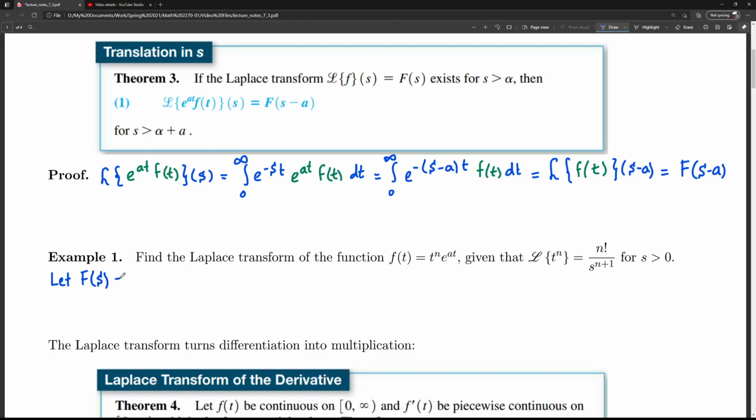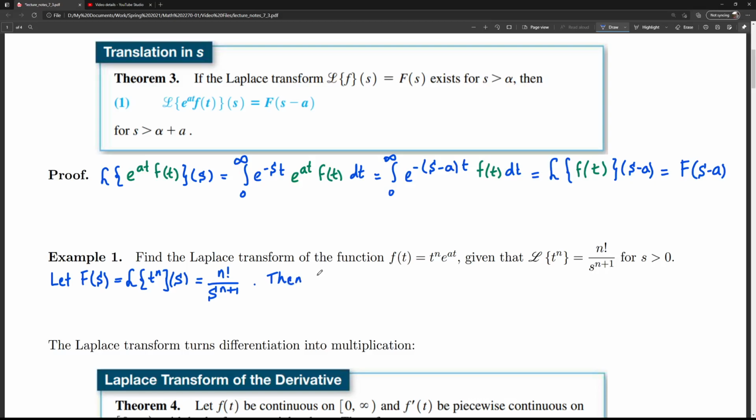So this is equal to the Laplace transform of t to the power n at s. And we know that that is equal to n factorial over s to the power n plus 1. That's given.